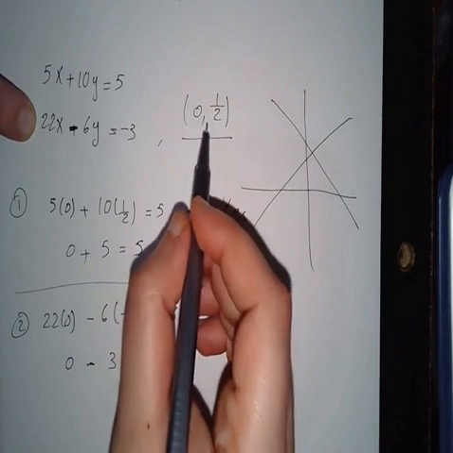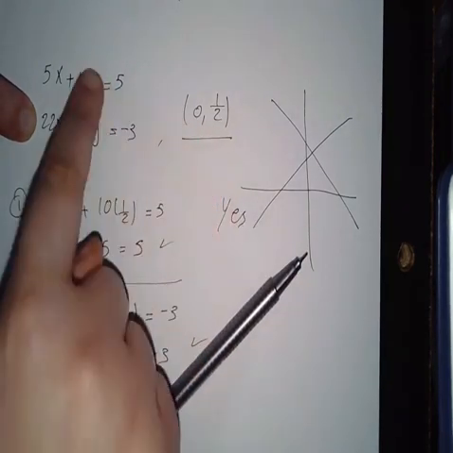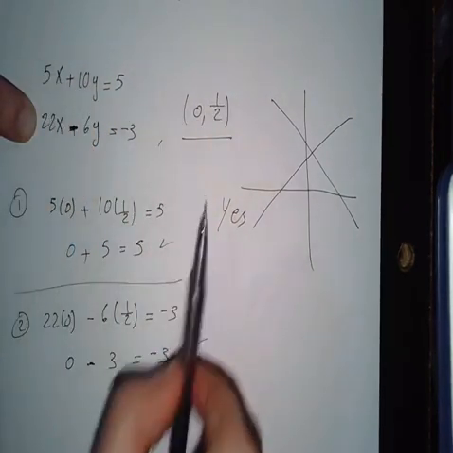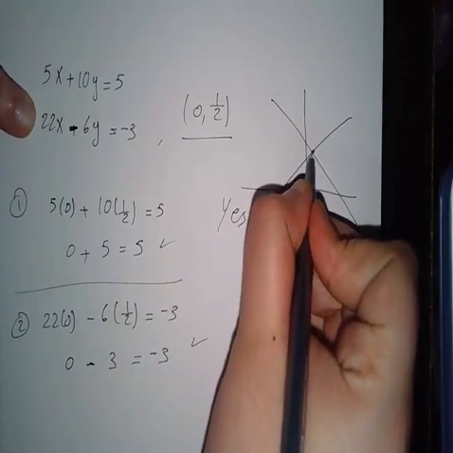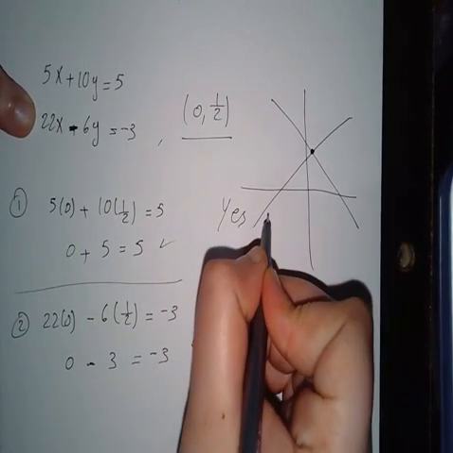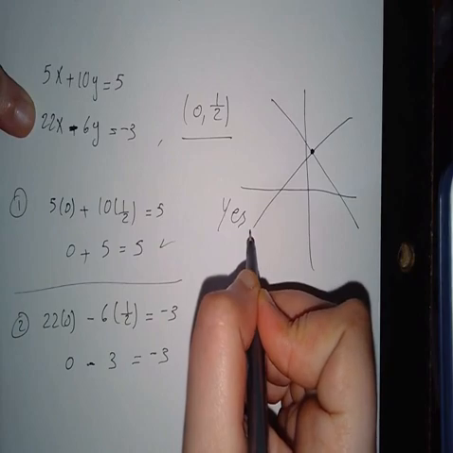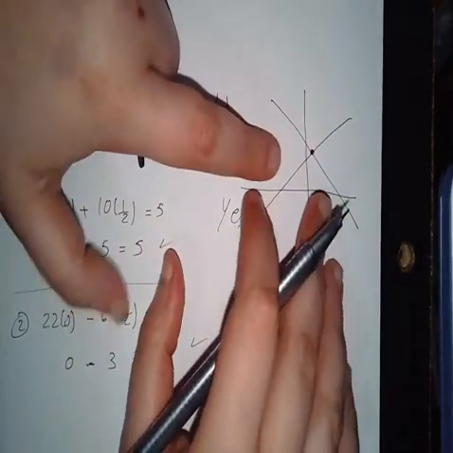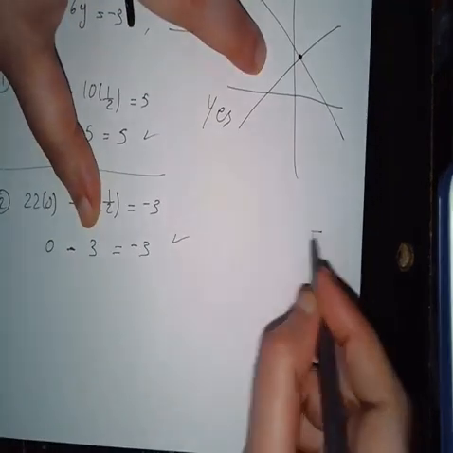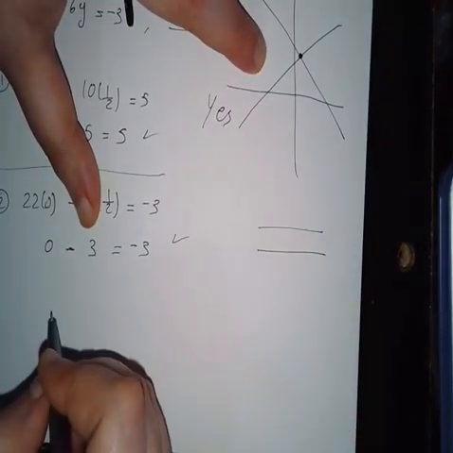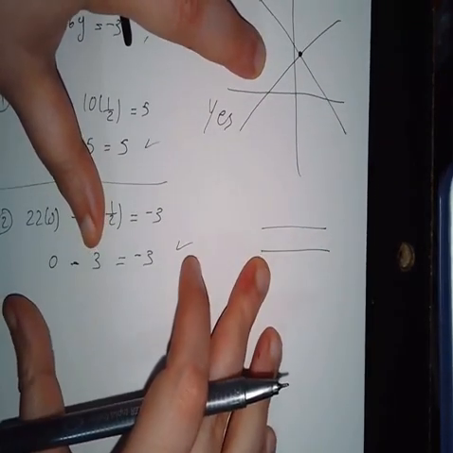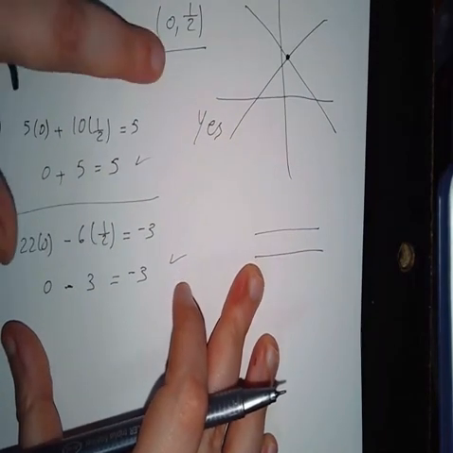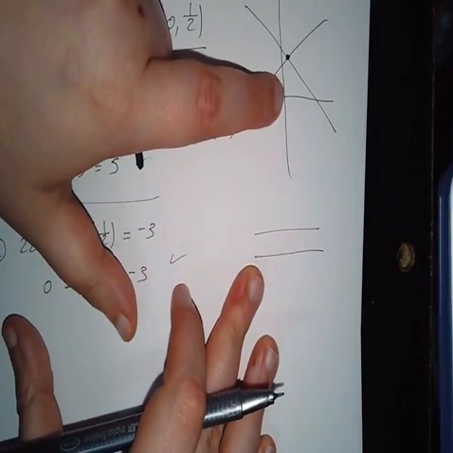Because the system gave me one point where both lines worked out, their graphs should intersect at that very point. Make sense? So, if I found no solution, that means these two lines would have been parallel. They would never intersect. Therefore, there is no solution. Since I found one, they do intersect. Make sense?